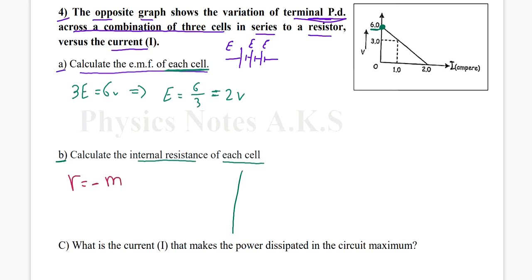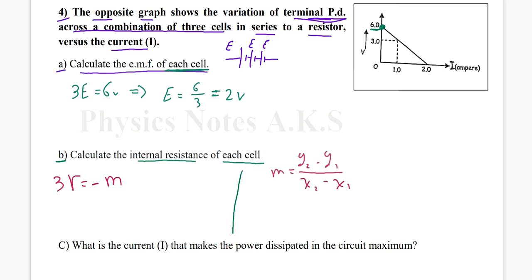Since I have 3 cells represented in the graph, it is going to be 3R, which is equal to minus M. M is the gradient or the slope. I know that M equals y2 minus y1 over x2 minus x1.